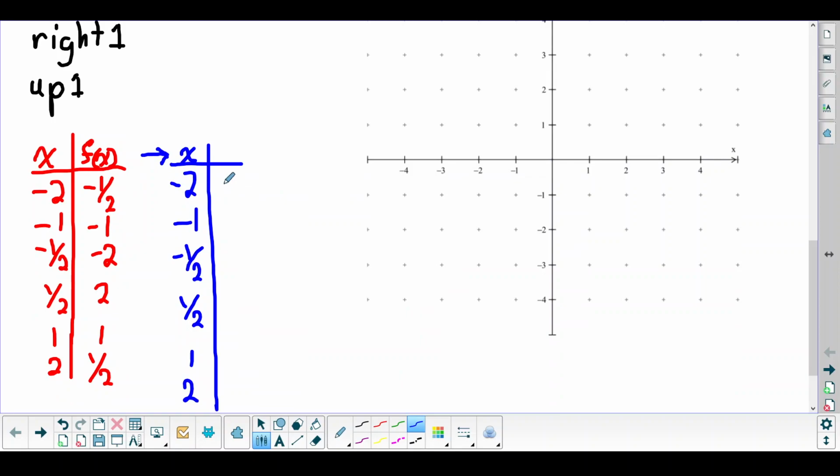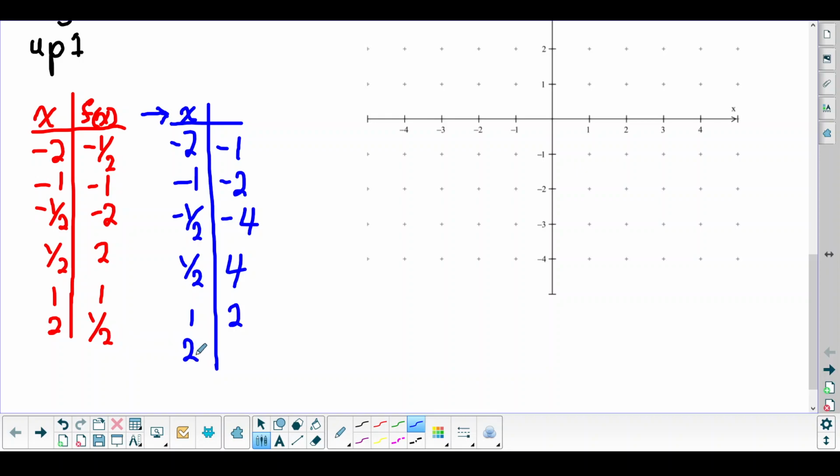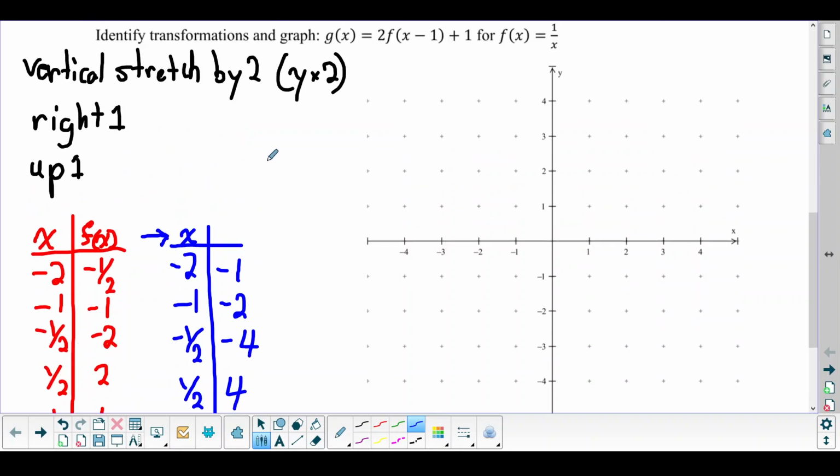So -1/2 times 2 is -1. -1 times 2 is -2. -2 times 2 is -4. 2 times 2 is 4. 1 times 2 is 2. And 1/2 times 2 is 1. And we'll start off by graphing this. So this would be 2f of x.